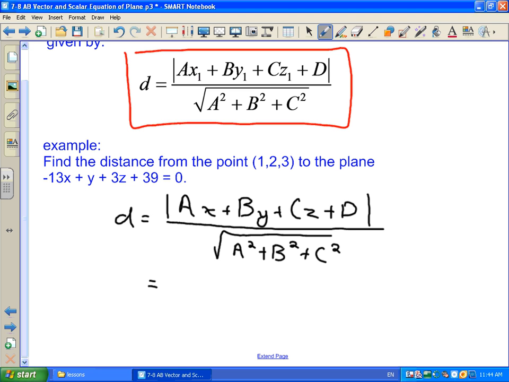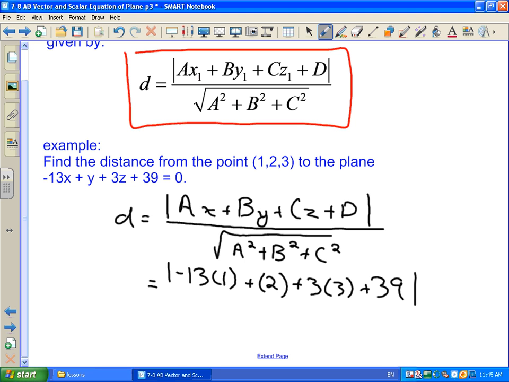And let's just start subbing things in here. So up in the numerator, we're going to have negative 13 times 1 plus our y is just 2, then plus 3 times 3 plus 39.